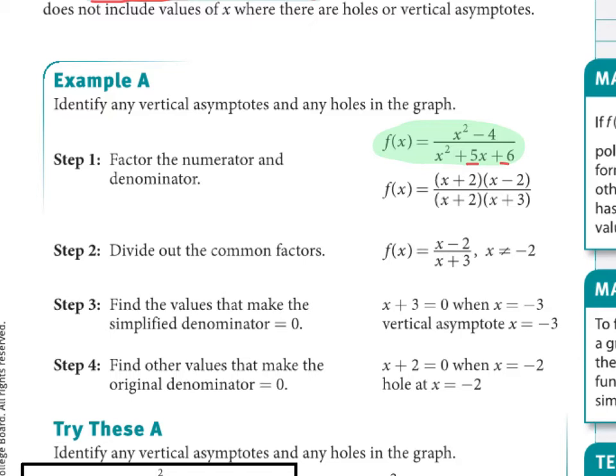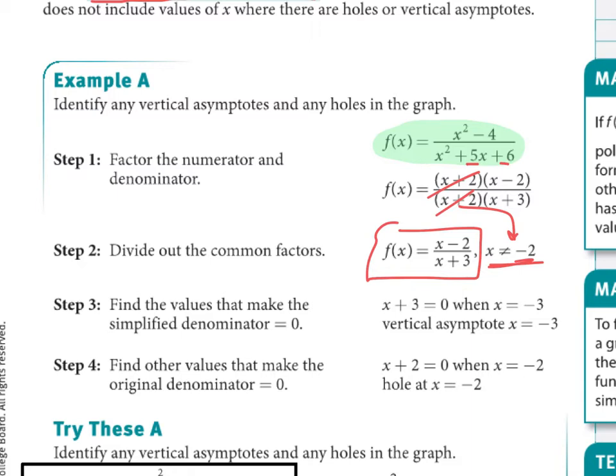And what ends up happening is that the x plus 2 factor cancels out when you divide by x plus 2. So this right here is going to be considered our simplified version. We've reduced what we can reduce, but notice x equals negative 2 is a restriction because it would cause the original denominator to be 0.